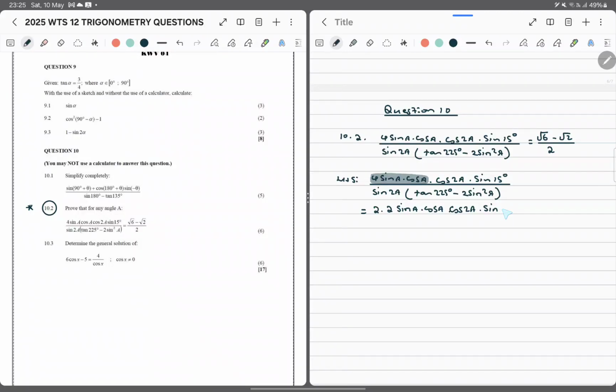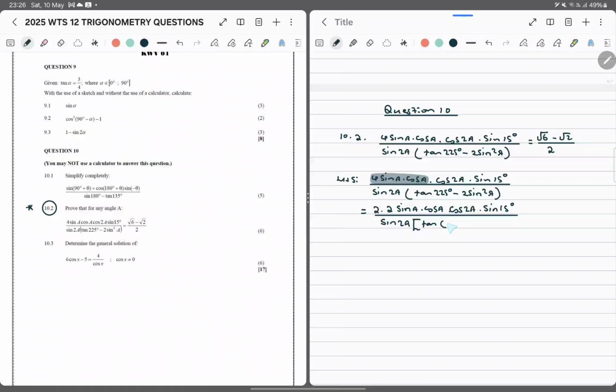So this is sine 15 degrees, all divided by sine 2A. I think I'm creating 1 in the numerator and it's all a product. We keep sine 2A into tan, we can create a big bracket here.